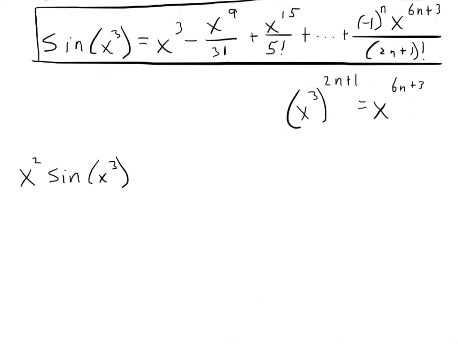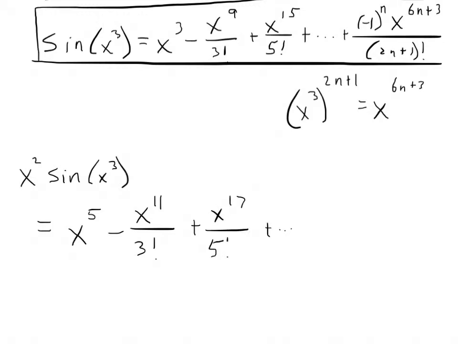So this is going to be equal to, this was x cubed, so when I multiply by x squared, it'll be x to the 5th minus x to the 11th over 3 factorial plus x to the 17th over 5 factorial plus negative 1 to the n.